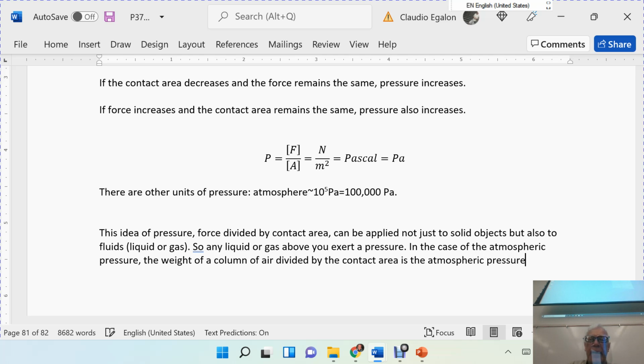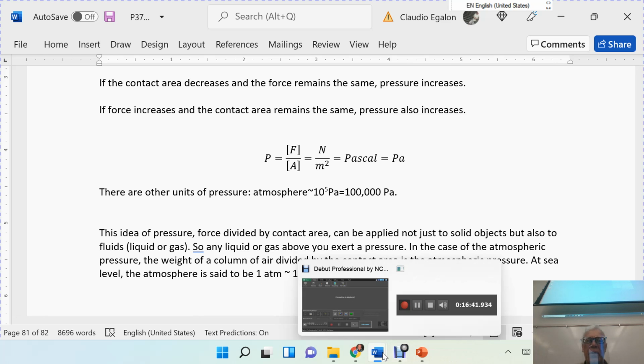And we say that at sea level, the atmospheric pressure is 1 atm, 1 atmosphere, which is approximately, remember, the exact number is slightly different, 100,000 Pascal. Can you remember that? That's easy to remember, right? It's slightly different, but 100,000 gives you less than 1% difference.